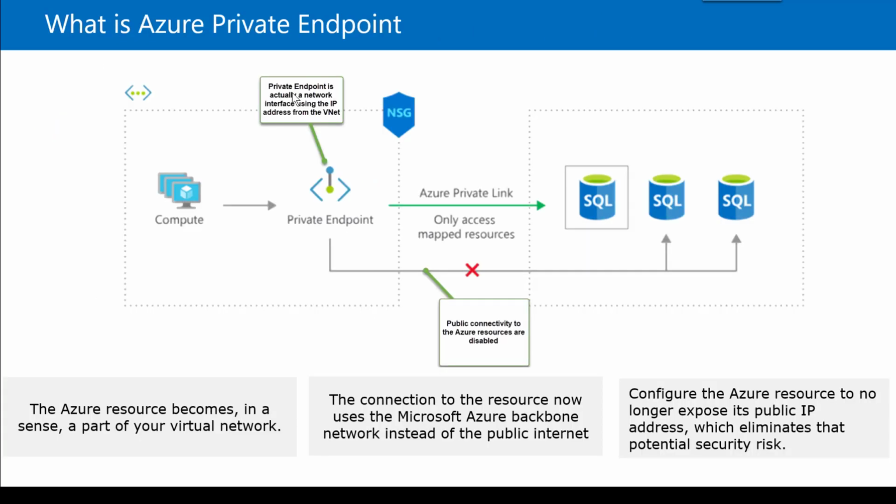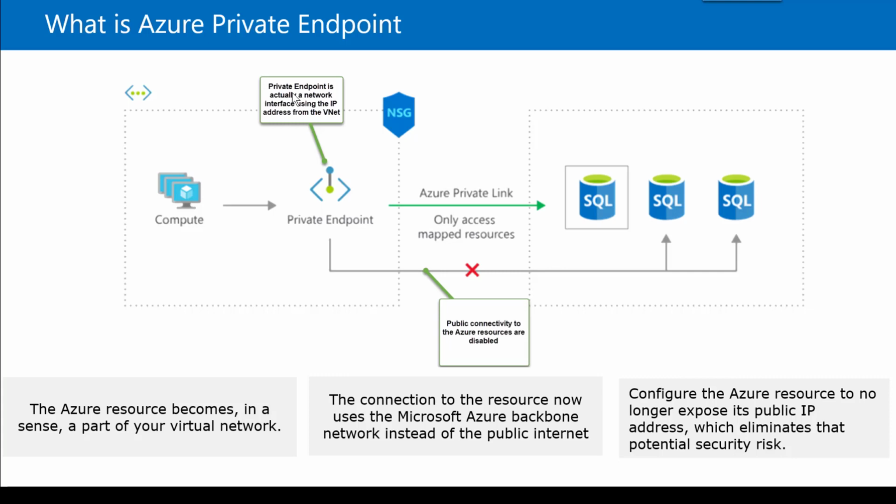In order to understand that, first we will understand the concept of Azure Private Endpoint and Azure Private Link Service. So what is a private endpoint? A private endpoint is nothing but a network interface. Okay, and when I say network interface, it means that suppose you create a virtual machine in a VNet, then that virtual machine has a network interface, so that this virtual machine can communicate to the internet via that NIC card or network interface.